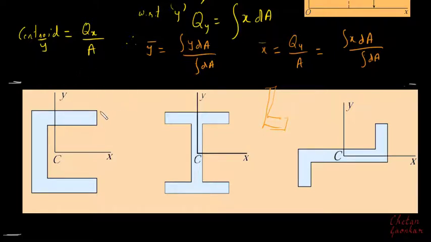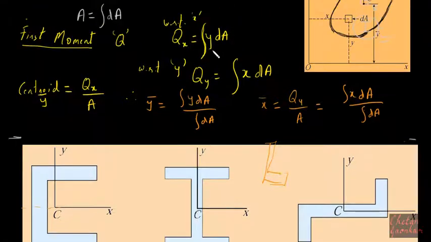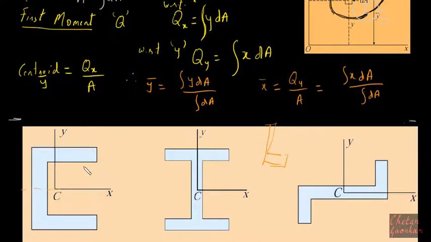For example, we have this C section, and if we observe this section carefully, it is symmetric about the x-axis. Since this is our x-axis, this area and this area are exactly symmetric. Then the first moment about the x-axis, that is area multiplied by y distance, and since it is an integral, it will be the sum of this and this.